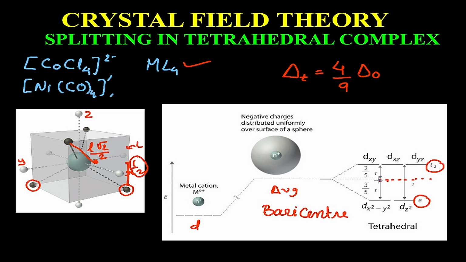With respect to the barycenter, the energy difference we could write as 2 by 5 and 3 by 5, or the complete energy difference we write as delta T. The upper set will be 0.4 delta T, and the lower will be 0.6 delta T. In many books it is written positive, in many books it is written negative.